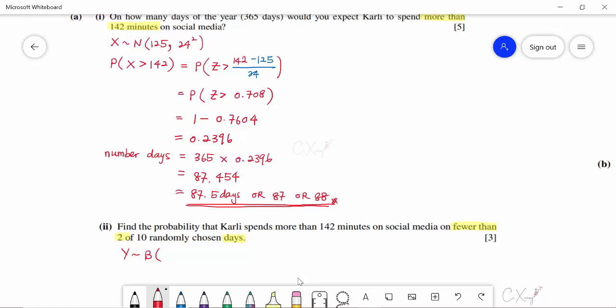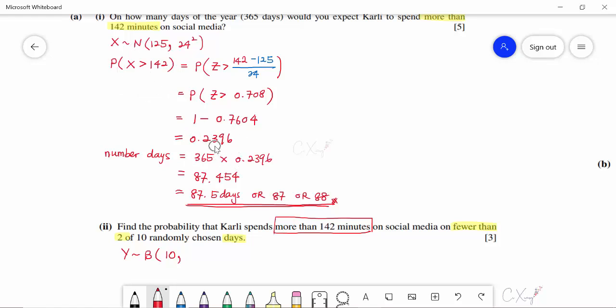For binomial distribution, you have a larger value of n, which is 10 days. And then what's the probability that you should put here? The probability is for more than 142 minutes. You already got the value just now in part number 1.